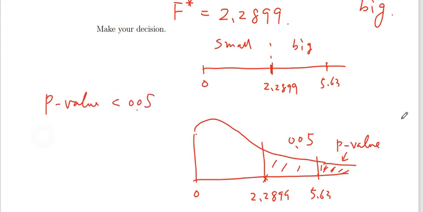So according to our conclusion, the answer is no. Why? The conclusion is HA. What does HA mean here? HA means there is a difference, a significant difference.